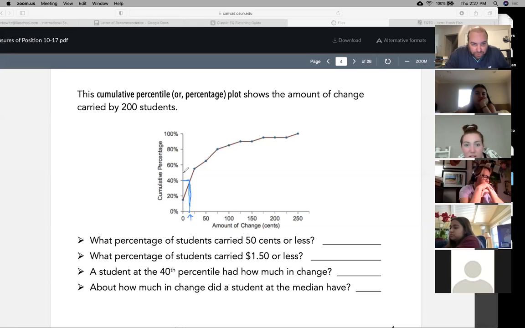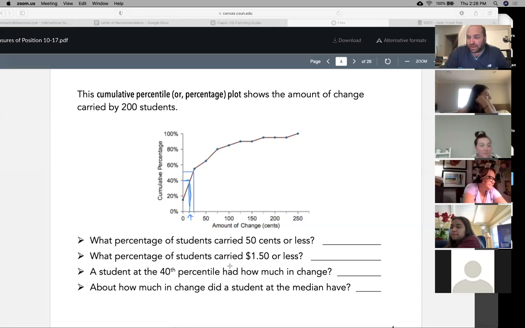Well, let's take a look. Here's 50%. Oh, I'm going to cheat, actually. Hold on. Watch this. Wait for it. Look at that straight line. So, yeah, about 25 cents, give or take.